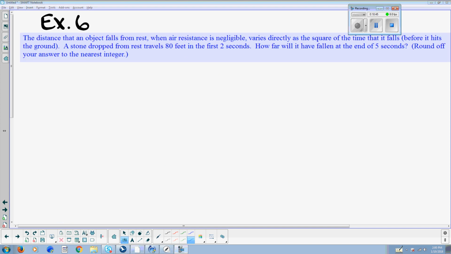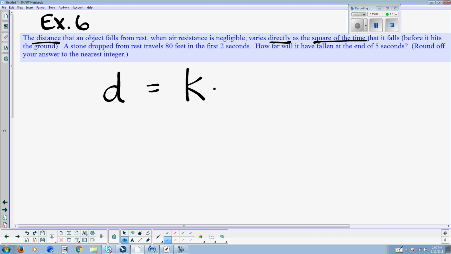Example 6, the distance that an object falls from rest. Distance that an object falls from rest when air resistance is negligible varies directly as the square of the time that it falls. So K times, varies directly, distance as the square of the time. Square of the time is T squared.